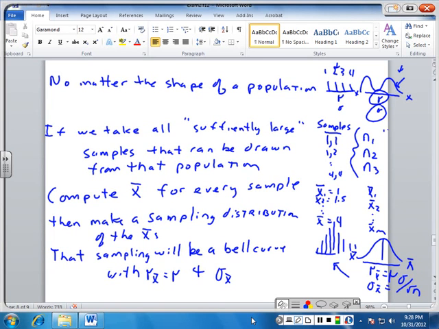If it was 100, you divide by the square root of 100. If it was 2, you divide by the square root of 2. So that's the basic part of the sampling distribution.